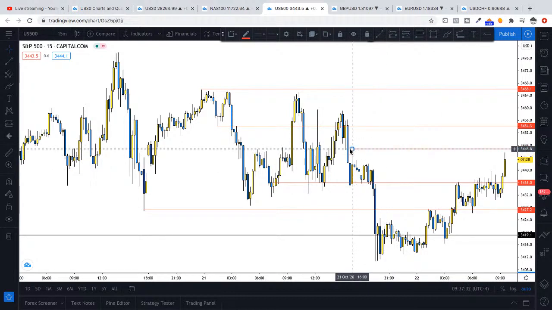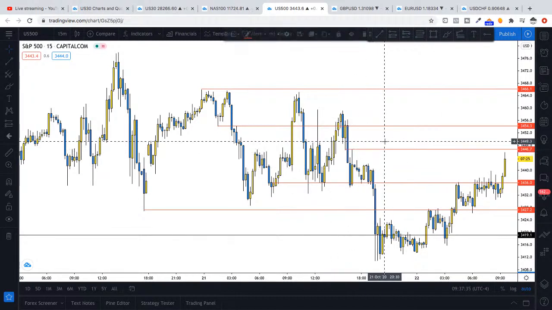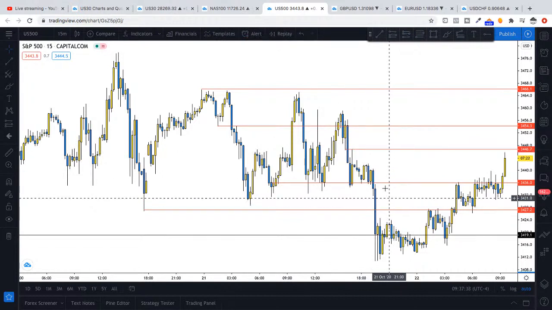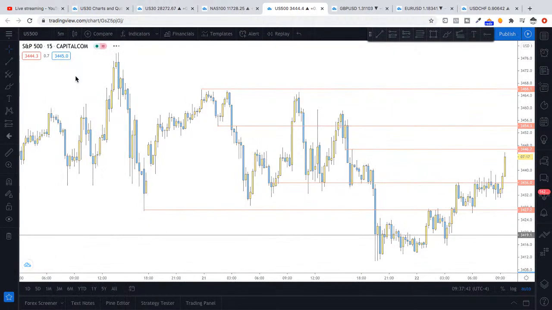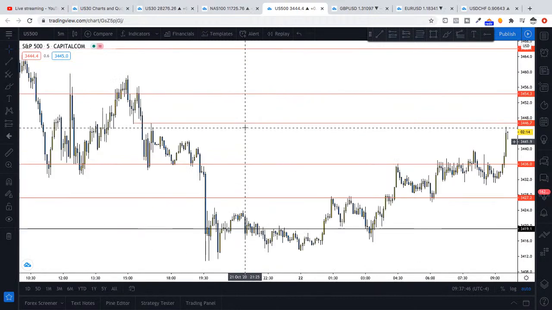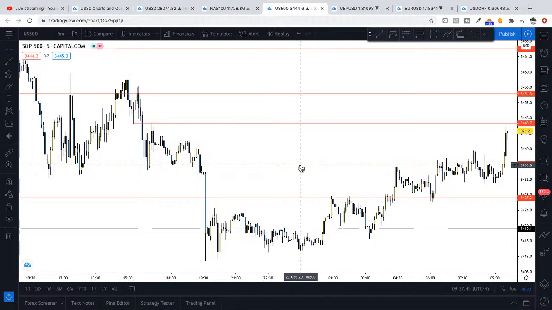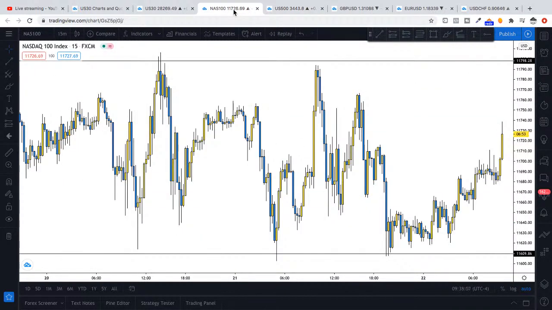It's right here, this is definitely. Let's jump into a 5-minute. I'm gonna go ahead and jump onto my MetaTrader and see if I can find a position for a day trade.